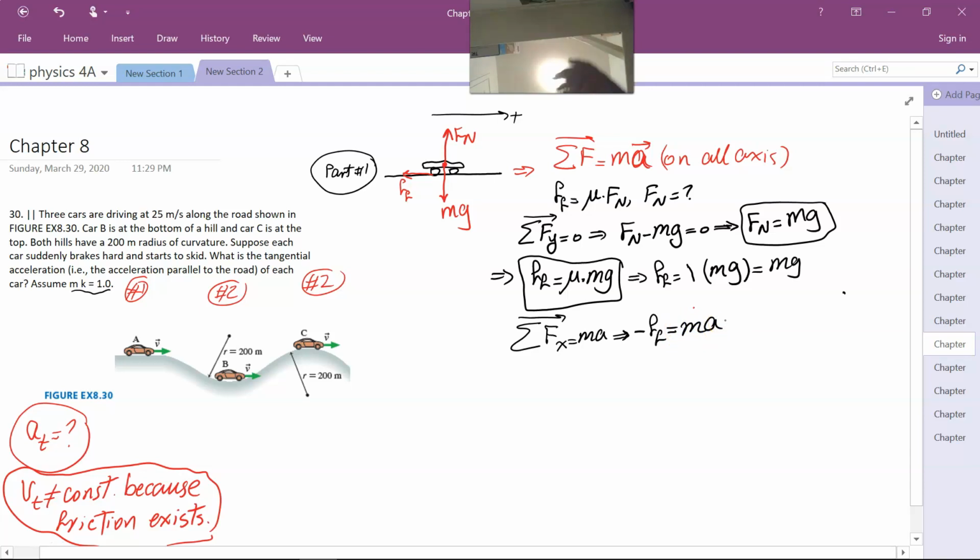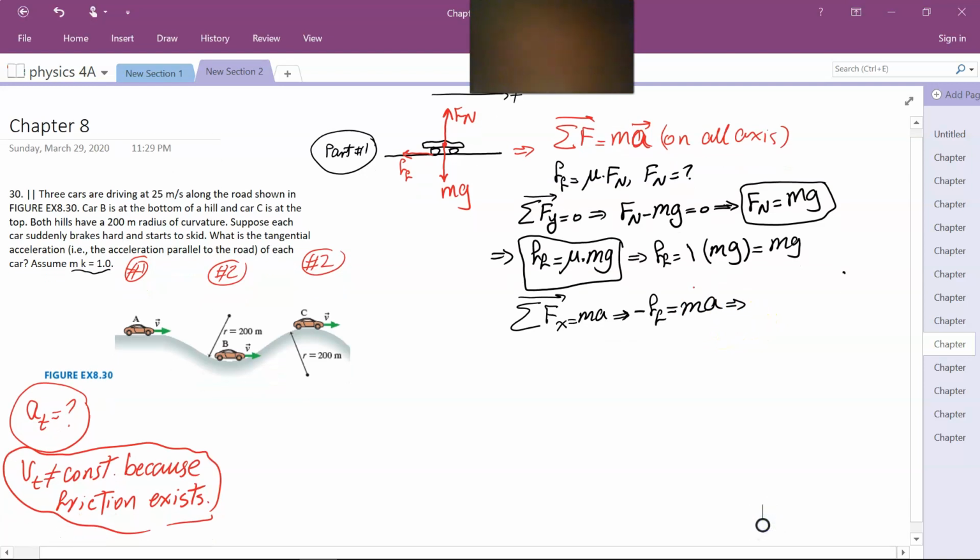It is tangent acceleration, correct? It's acceleration on the surface, on your line. Therefore Ff is mg, equals ma.